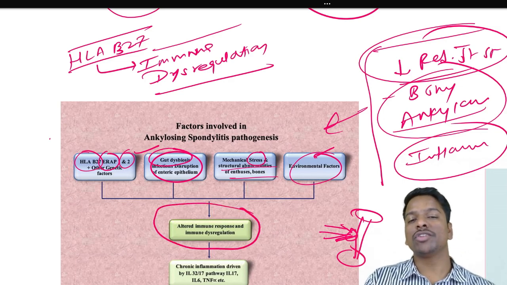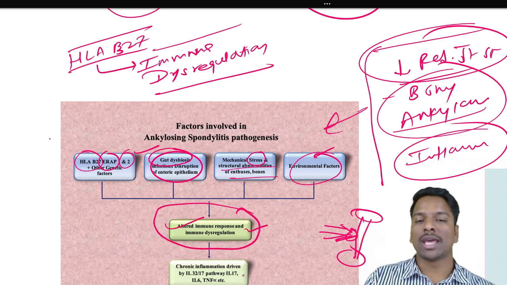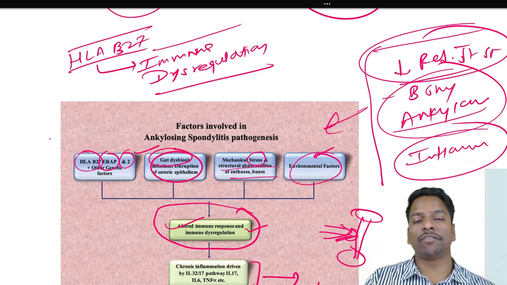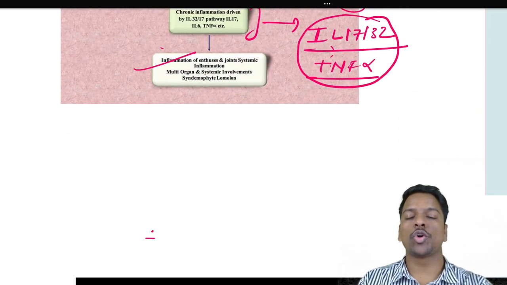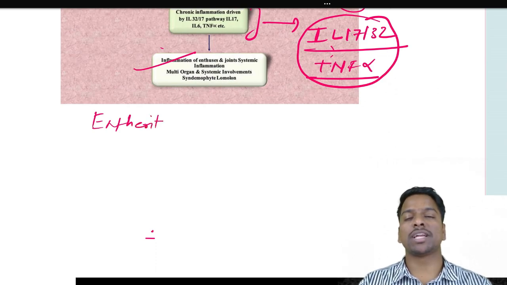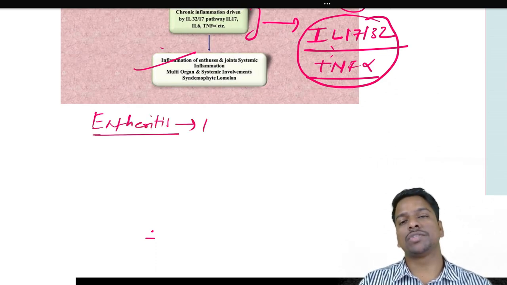Now, all of this will cause immune dysregulation, an altered immune response. Eventually, they will lead to the activation of interleukin 17, interleukin 23, cytokines basically, and TNF alpha. This TNF alpha, along with interleukin 17 and 23, has a major role in the inflammation in this patient. So first of all, you have enthesitis, which is nothing but the inflammation of the enthesis. As inflammation continues, bony erosion will occur.